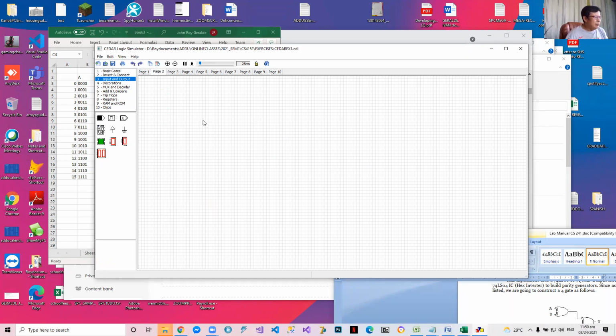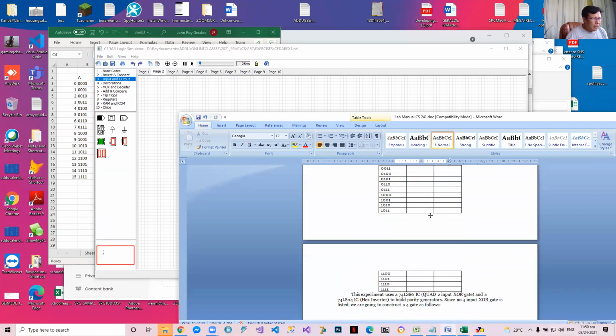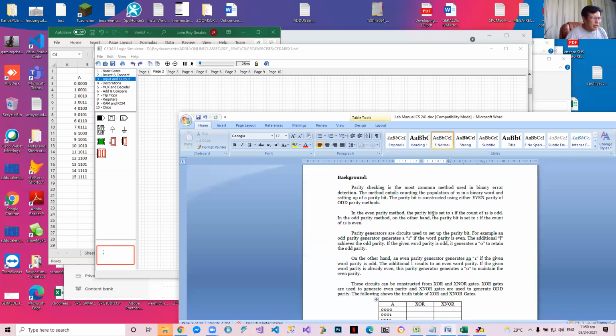Let's paste it here. Okay. It's not a word comparator, it's a parity generator. We will determine whether it's even or odd parity. So an XOR gate is an odd parity generator, which means it determines whether the word is odd parity or not.